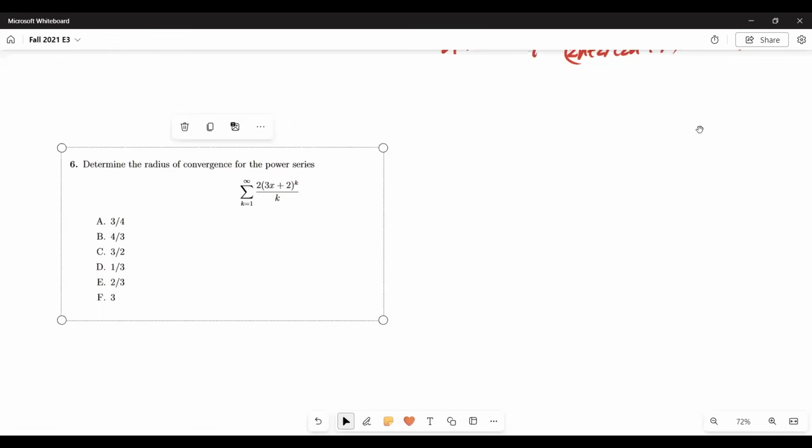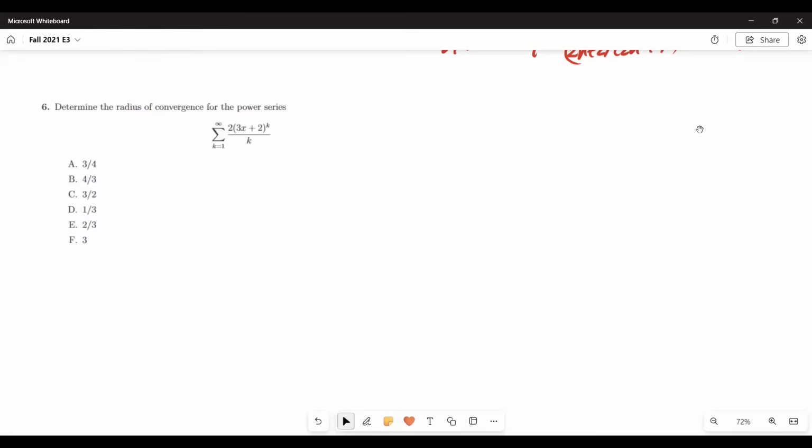Okay, this question has us determine the radius of convergence for the power series. Okay, so I see the k power on top, so I'm going to use the ratio test. So it's the absolute value of a k plus 1 over a k, limit as k goes to infinity.